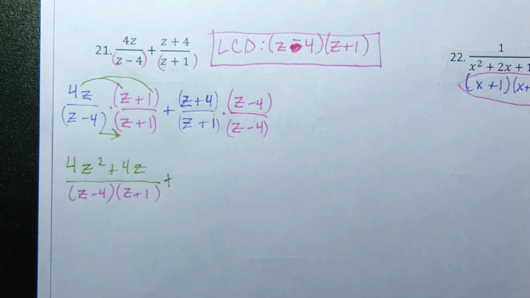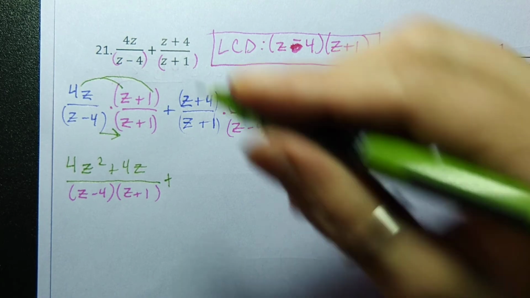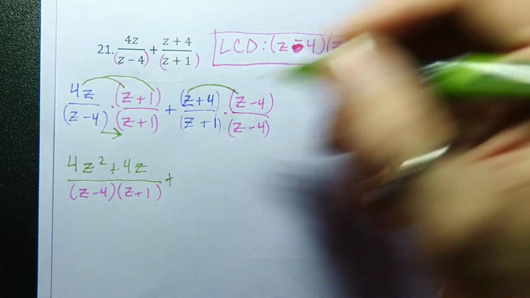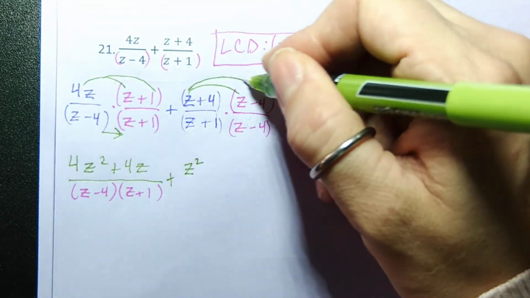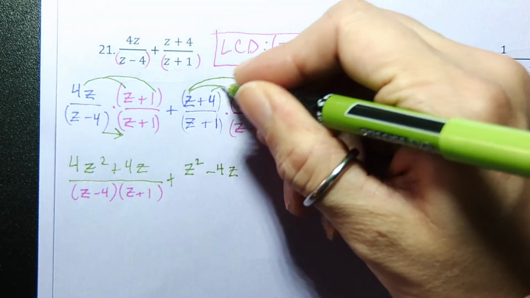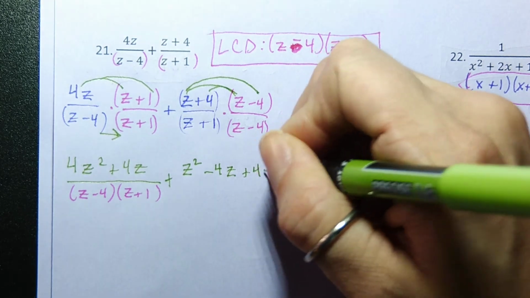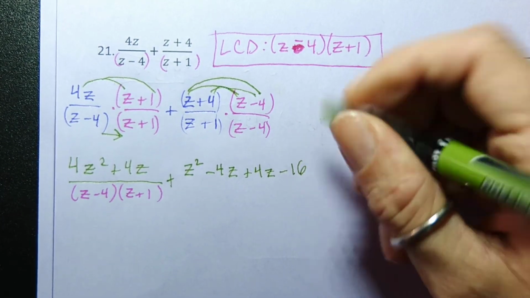So how am I going to distribute on the top with the second fraction? What are we going to have to do? We're going to have to FOIL. So z times z, first times first, z squared. O part of FOIL, outside terms, negative 4z. Inside terms, positive 4z. And last terms, negative 16.